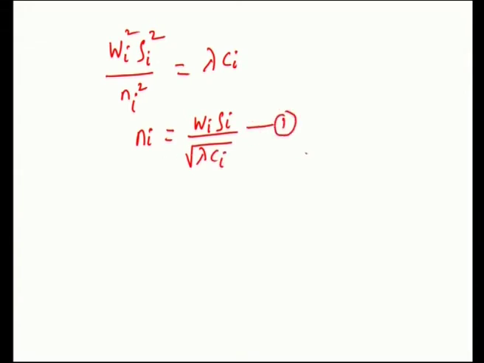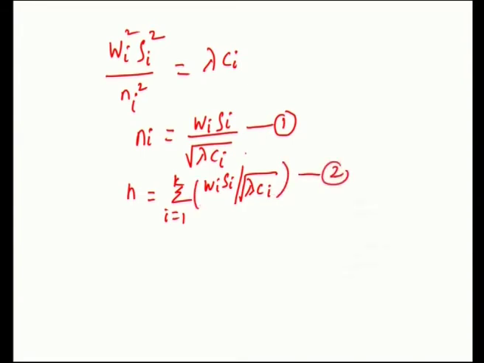Now, summing over all strata we get n is equal to summation over i is equal to 1 to k, since we have k strata, Wi Si divided by square root of lambda Ci, and we will mark this as 2.